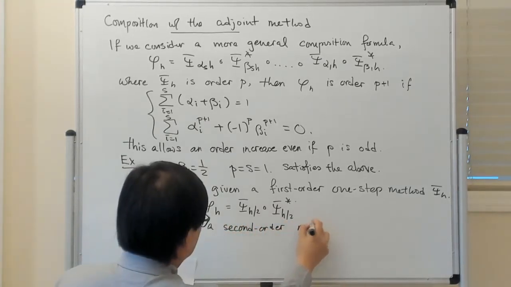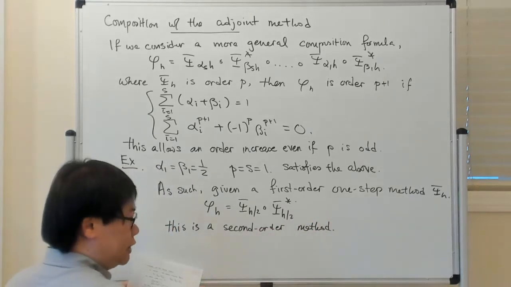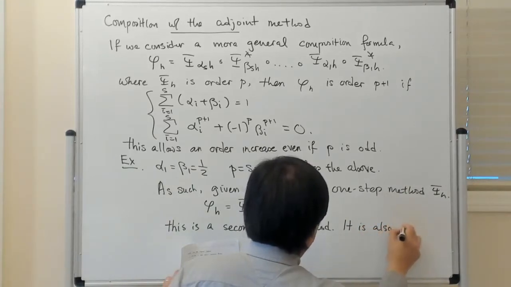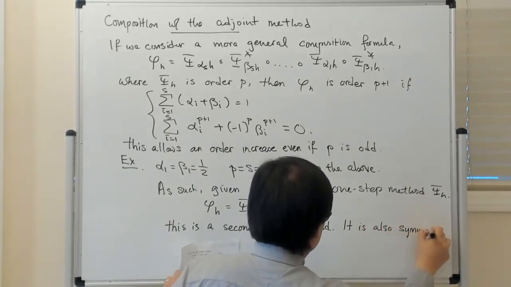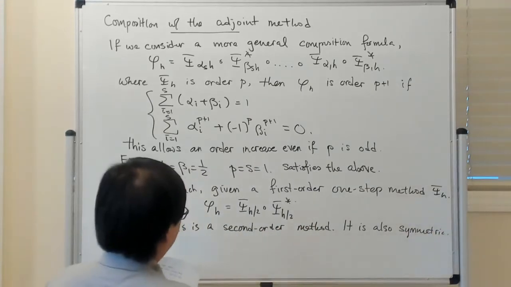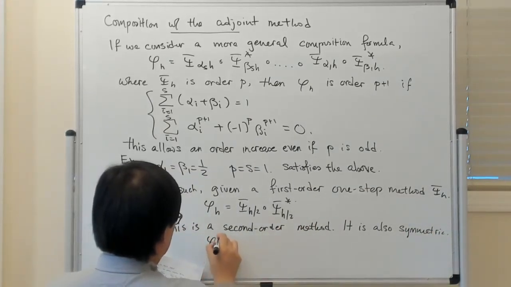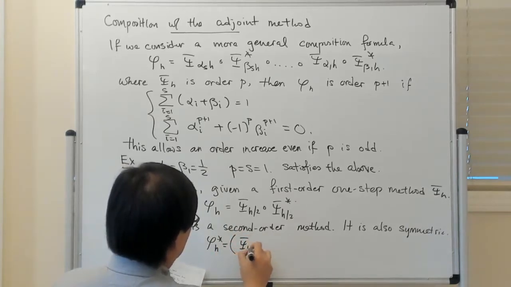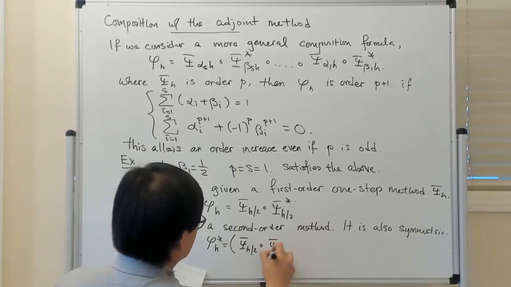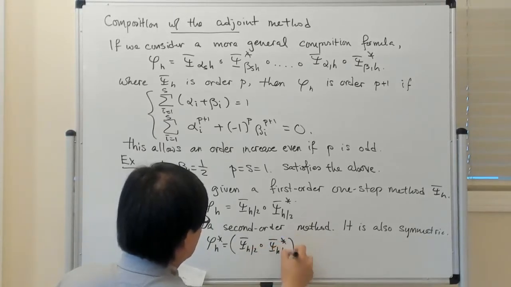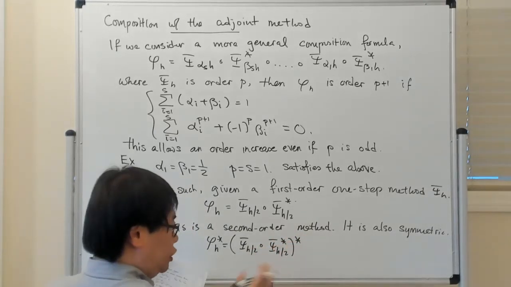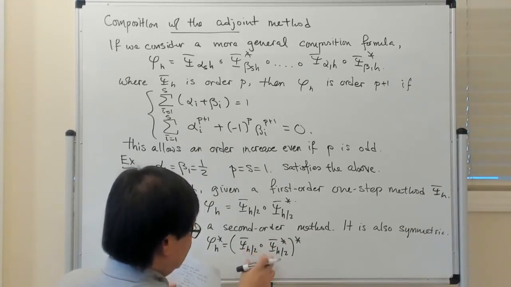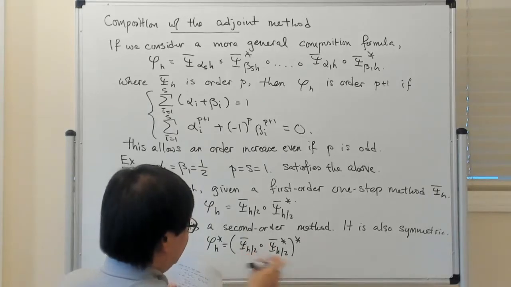You can also check that this method is symmetric. It has to do with the fact that if you take the adjoint of the composition, you reorder these things, and then you take the adjoint of each term.